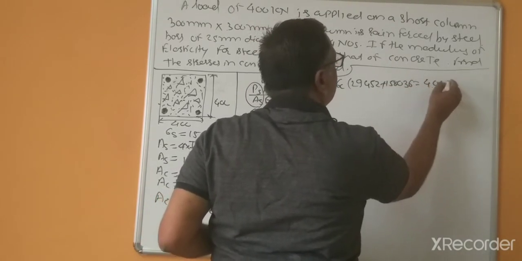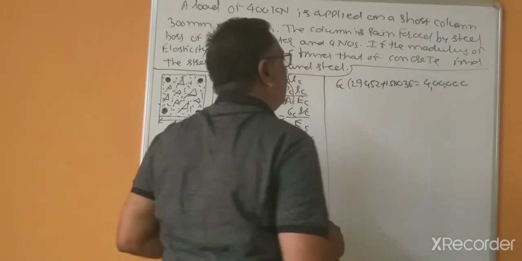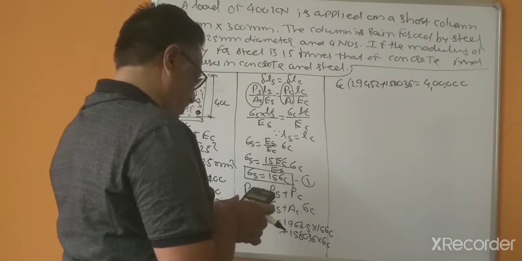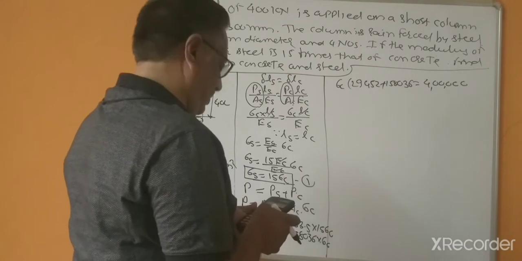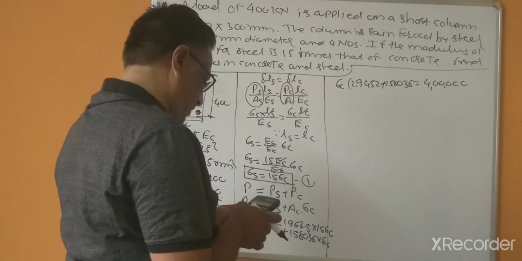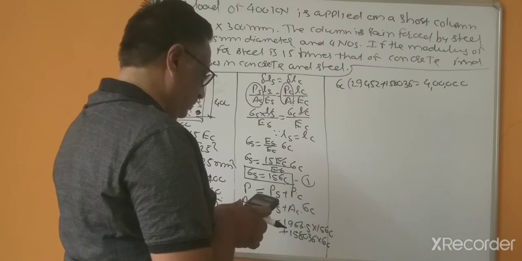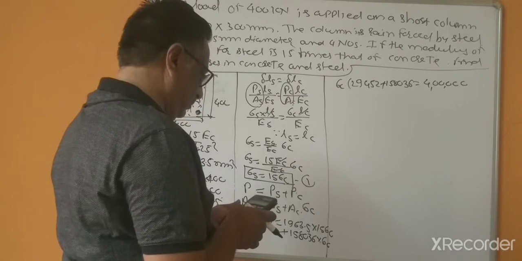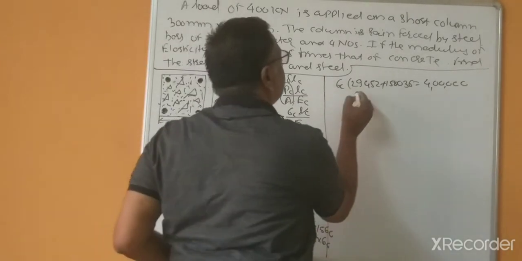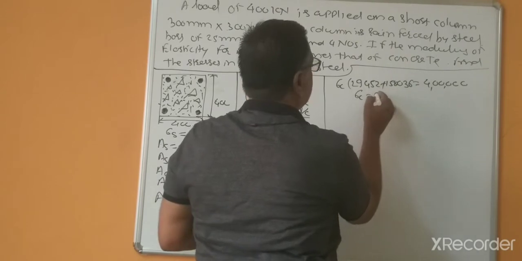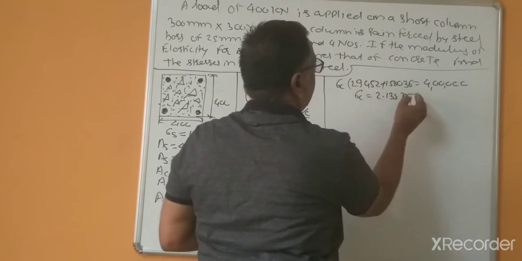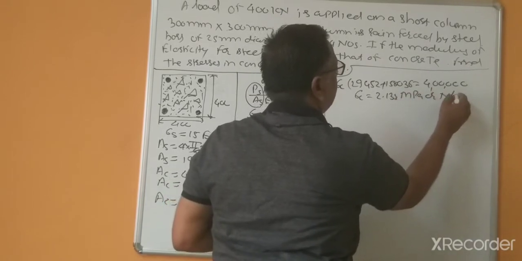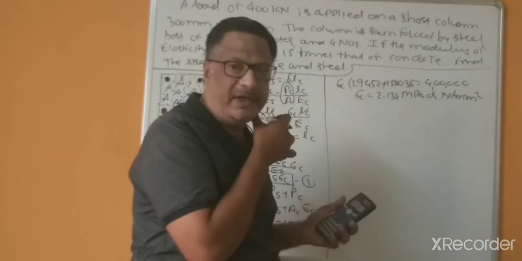Taking the reciprocal, I got sigma C equal to 2.133 mega pascals or Newton per mm squared, right?